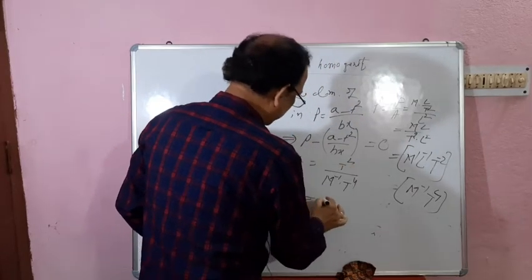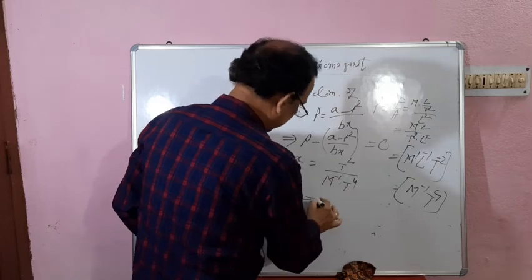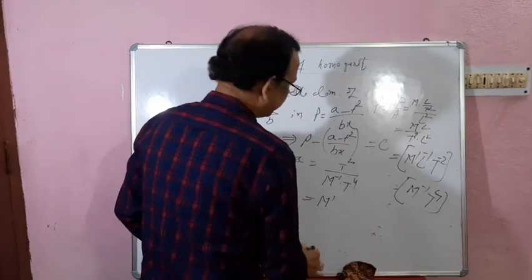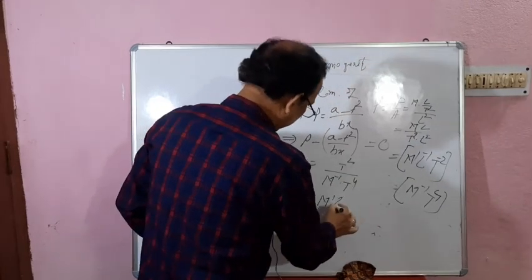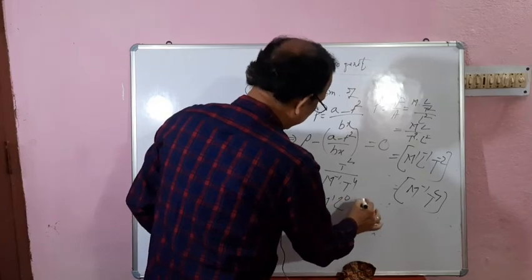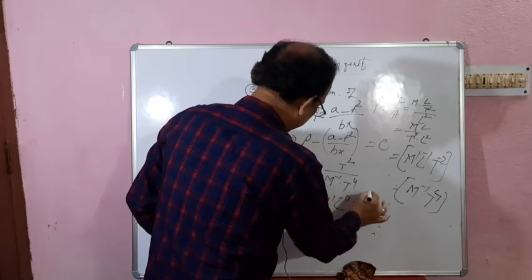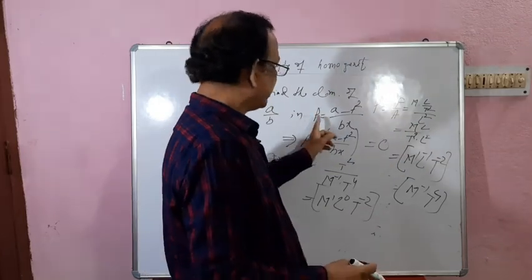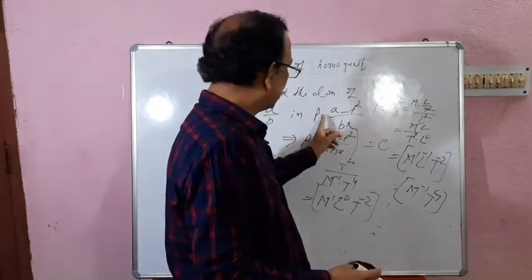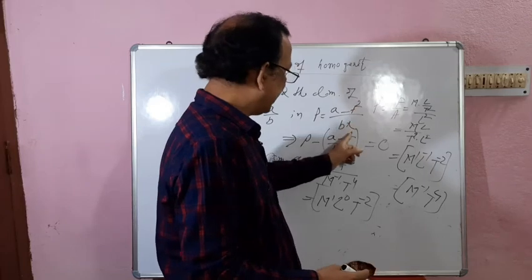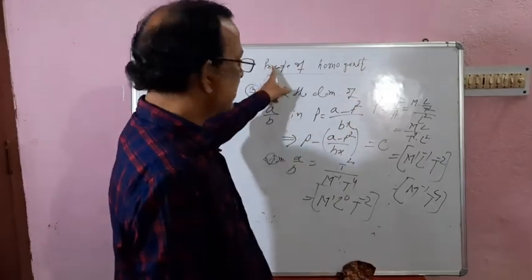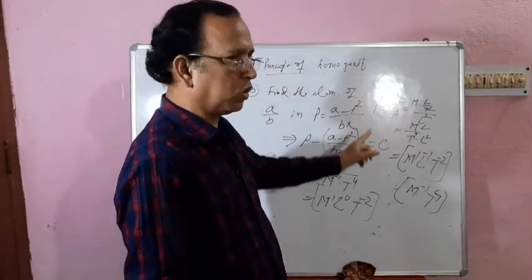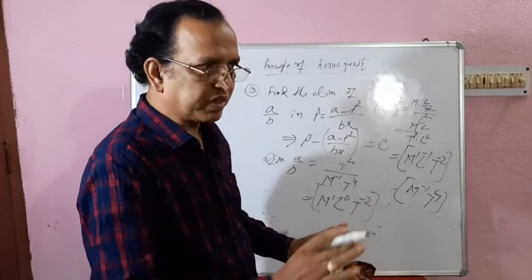So that is equal to m1 L0 T minus 2. It is the dimension of A by B. In this equation, P is equal to A minus T square by Bx, by the help of this principle, that is the principle of homogeneity. Clear? Next example.